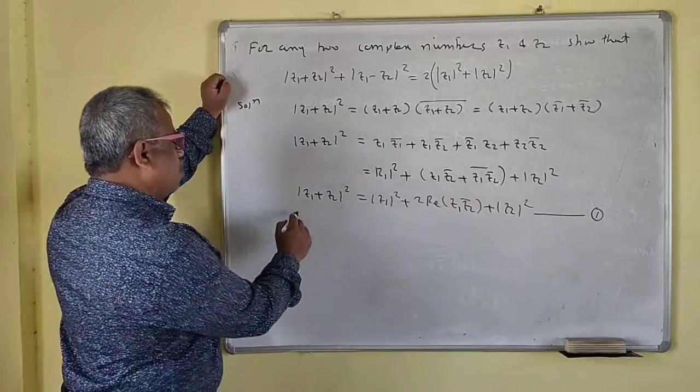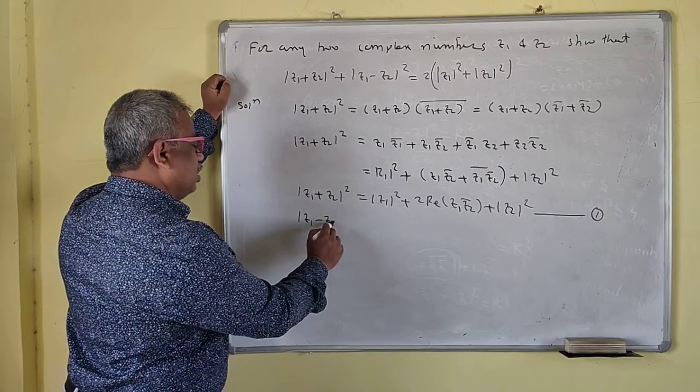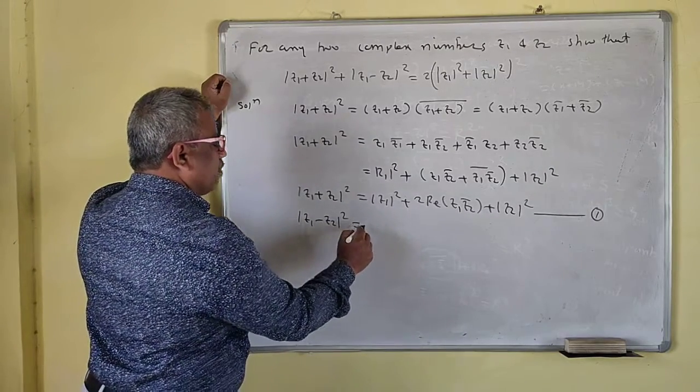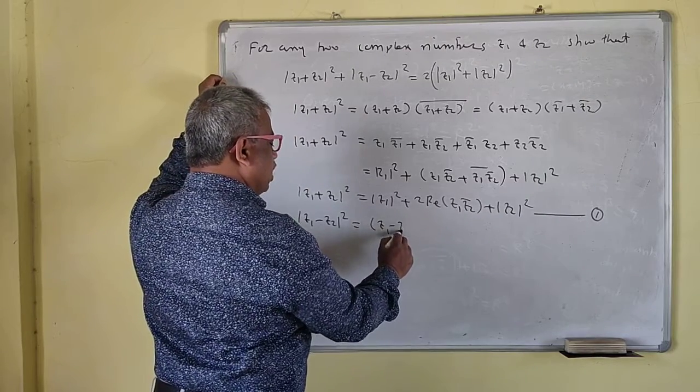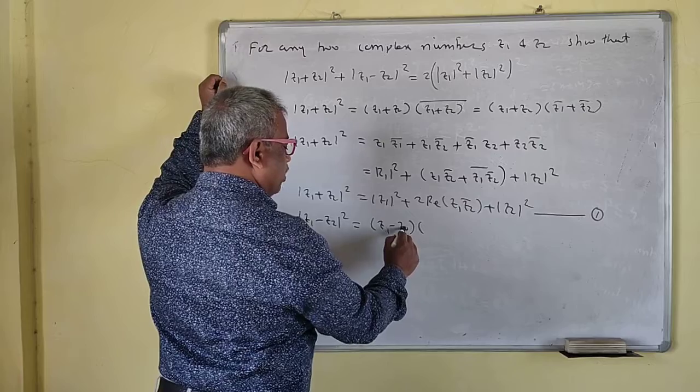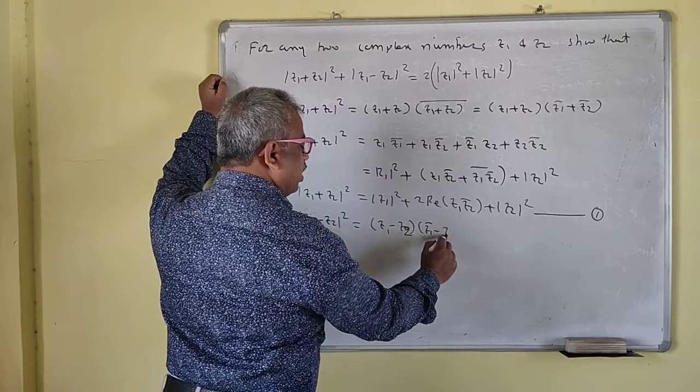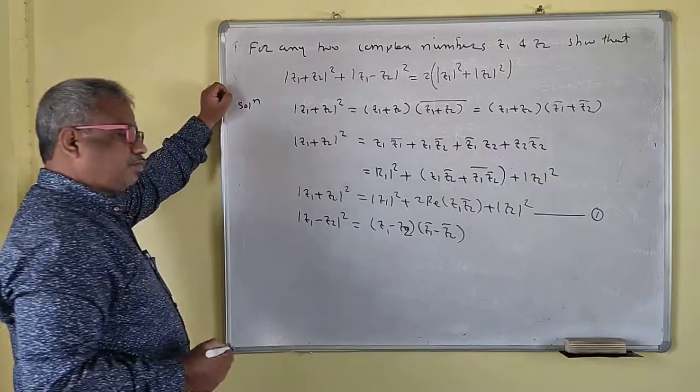Now I will do it for mod of (z1 minus z2) square. This I will directly write: (z1 minus z2) times (z1 bar minus z2 bar).